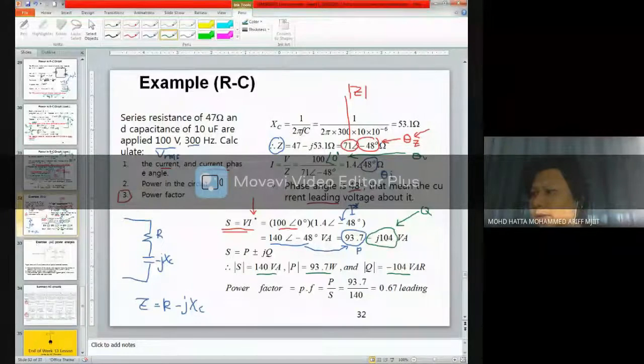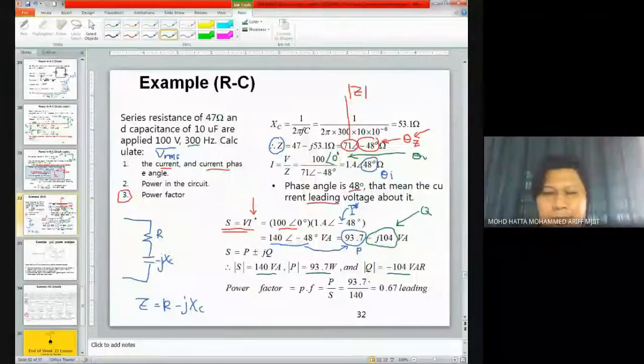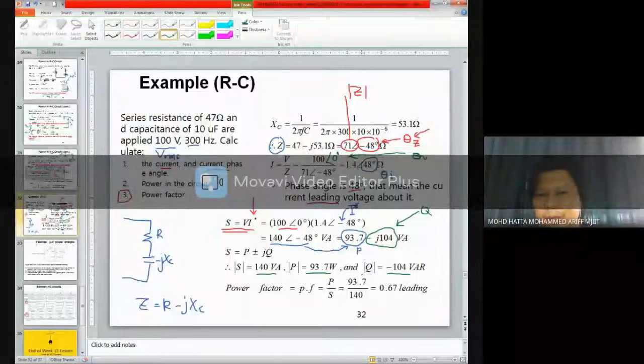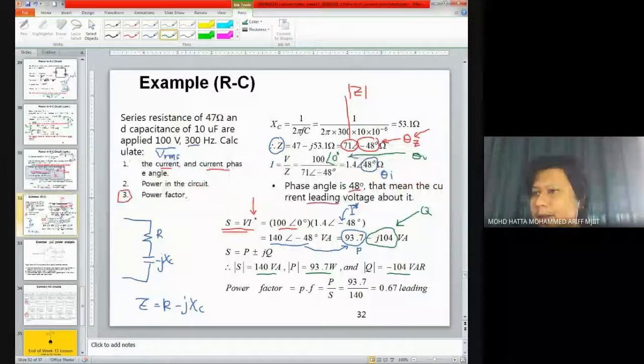Maybe some of you would argue, hey, this one is absolute, why must you include the negative? Please remember, this one is not absolute. This is the magnitude of your powers. And later on, we calculate power factor, we are in question number 3 now.